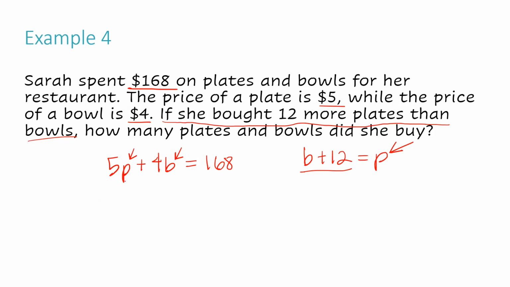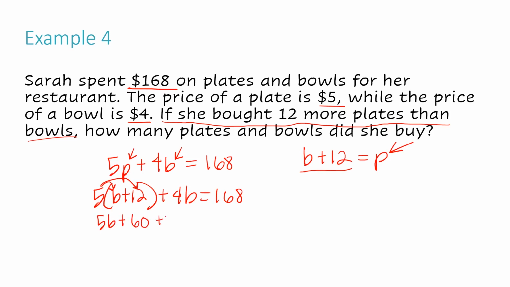So instead of writing P down, I'm going to write B plus 12. So it's 5 times B plus 12 plus 4B equals 168. Now I'm going to do the distributive property. 5B plus 60 plus 4B equals 168.